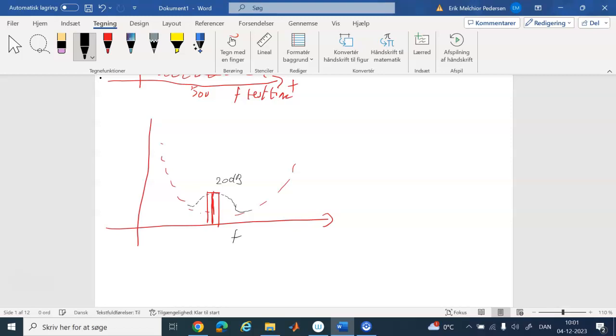There's the frequency of the test tone, and here we have the level of the test tone in dB SPL.